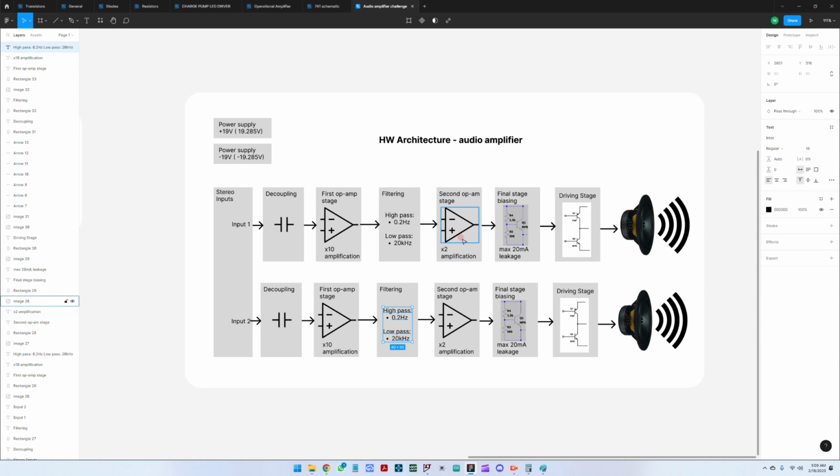And this second operational amplifier stage will feed everything to a final stage biasing.